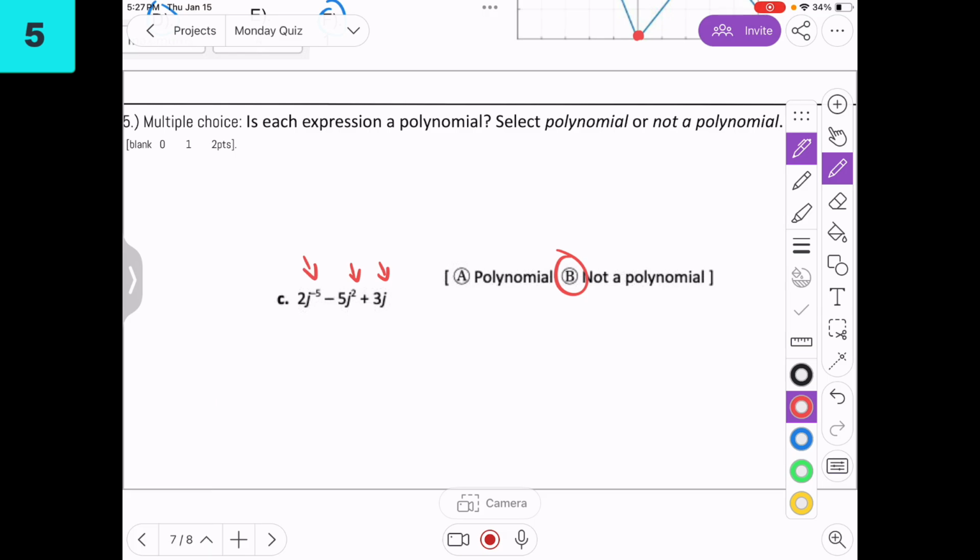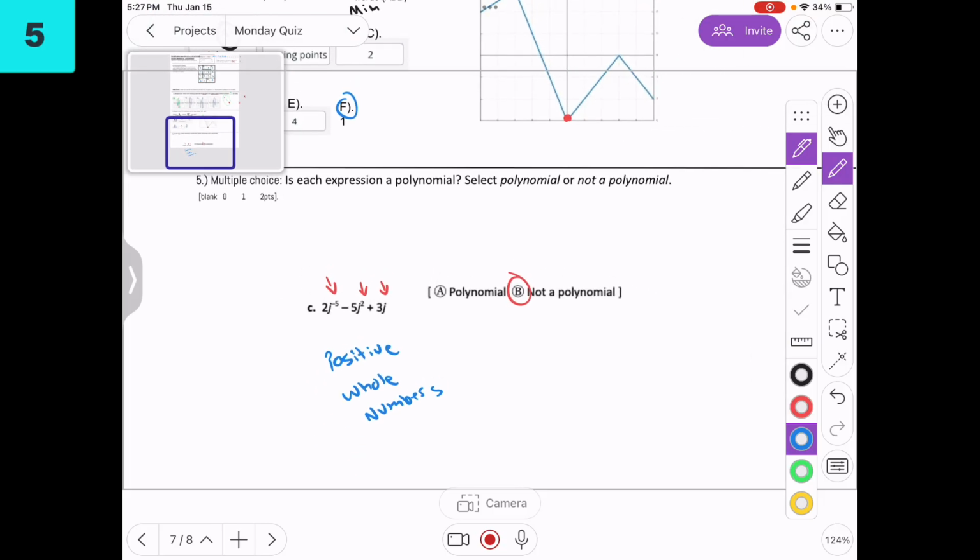So whenever an exponent is negative or a fraction, then we know that it's not a polynomial. Polynomials must have positive whole numbers as exponents. I have a -5, so this is not a polynomial.